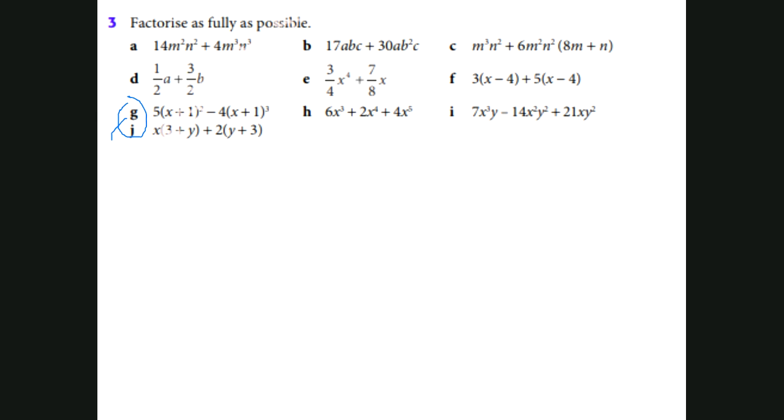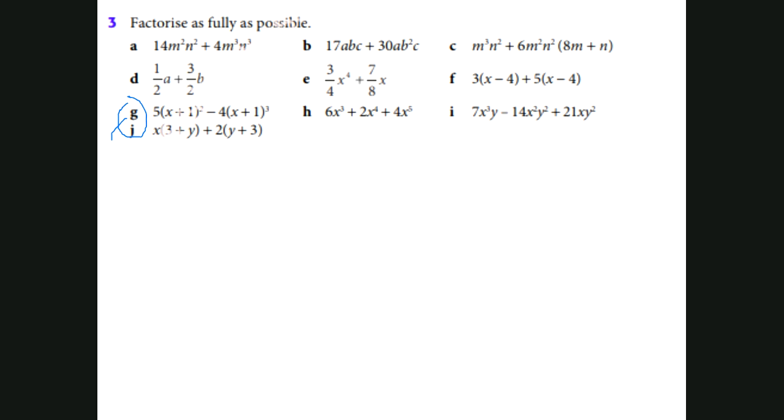G part, there is no relation for HCF. So I cannot take as a common. But look at here, x plus 1 whole square and x plus 1 whole cube. So what should be as a HCF, or what expression can I take as a common?